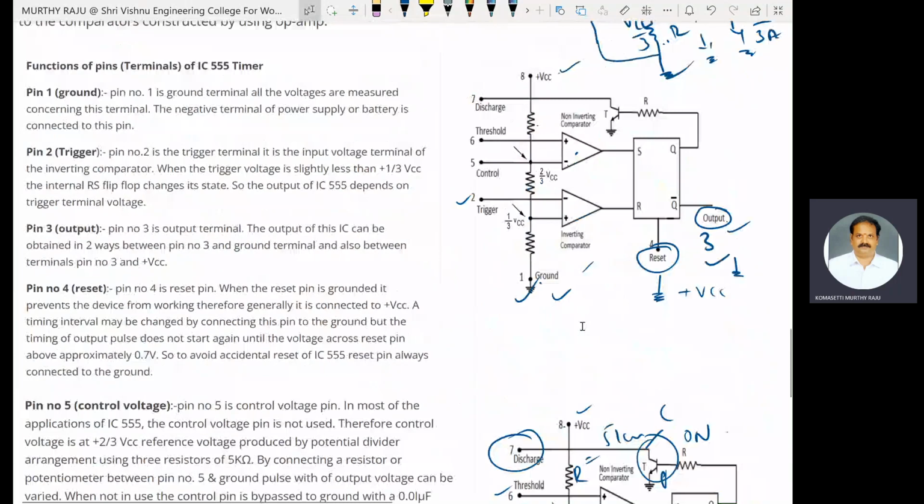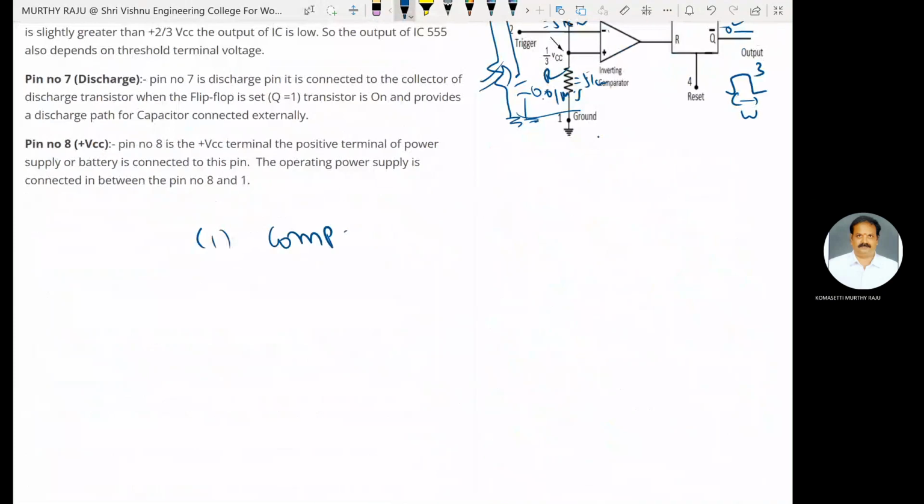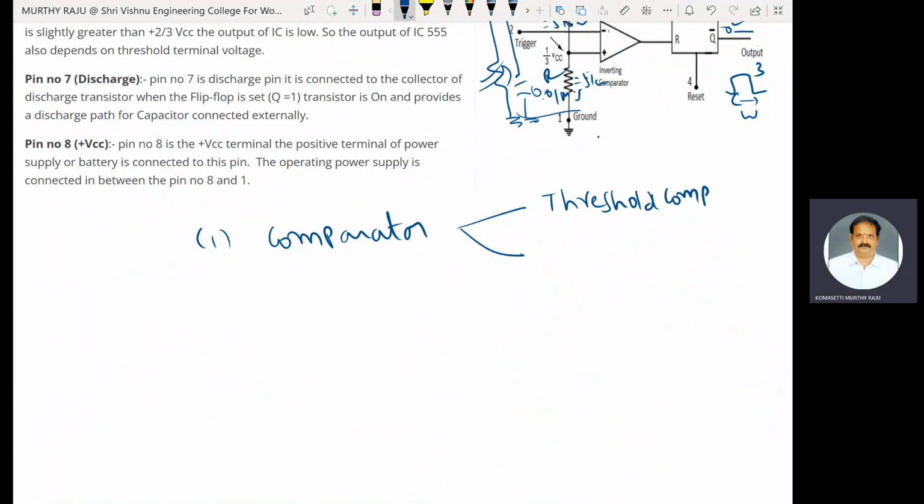The internal components of the 555 timer IC are, first, two comparators: the threshold comparator and the trigger comparator.